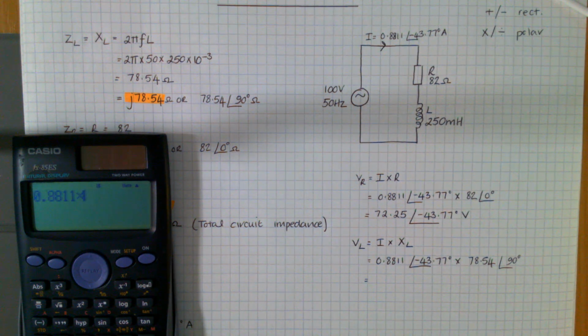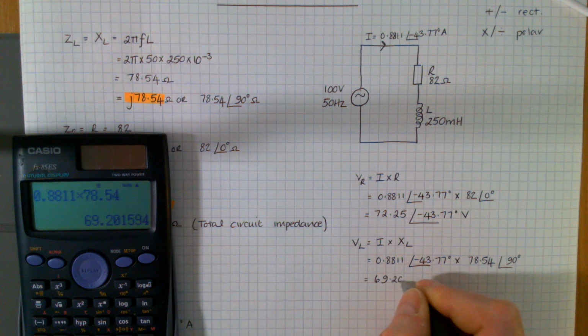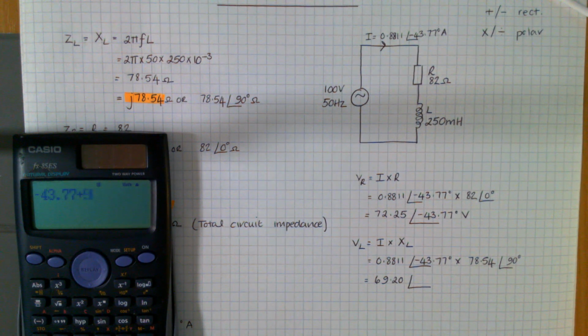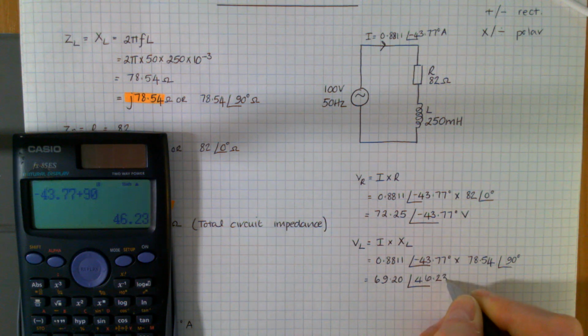Multiply the magnitudes. 69.20 if you're sticking to your four significant figures. And then you're going to add your two angles there. So that gets you going from a negative to a positive, 46.23.